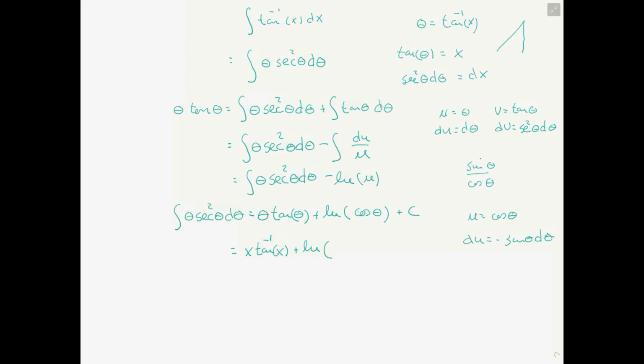So we got to go here where tangent of theta is x over 1, and we got the hypotenuse square root of 1 plus x squared, and so cosine is 1 over the square root of x squared plus 1, plus c, and that's our final answer.